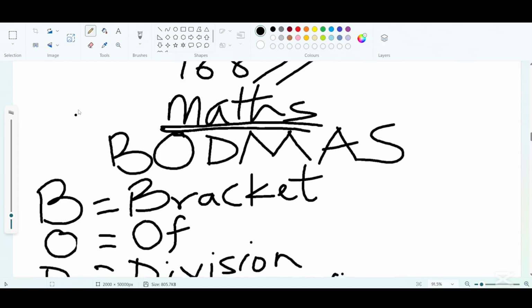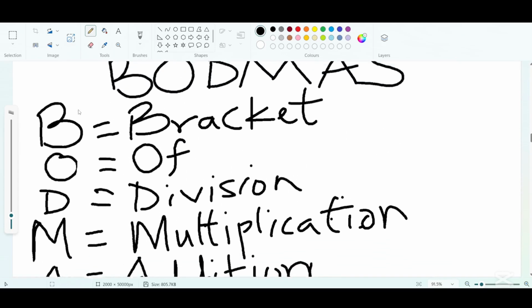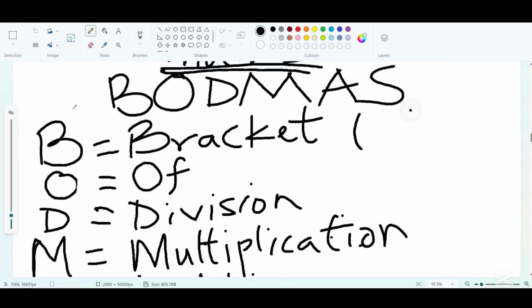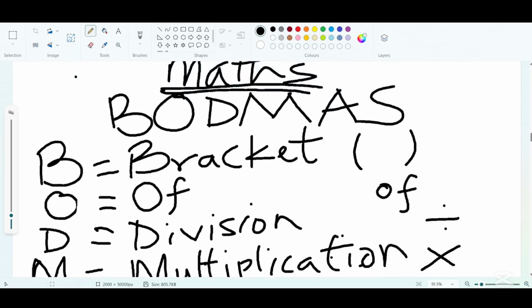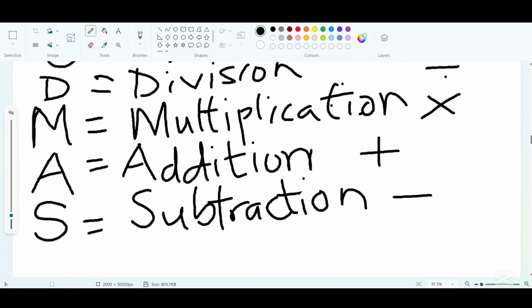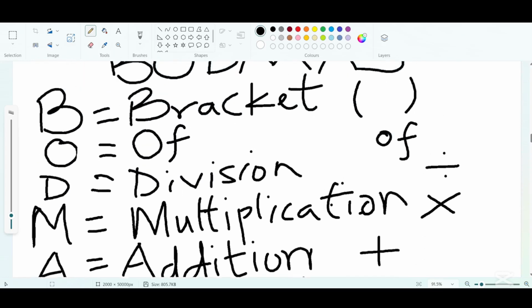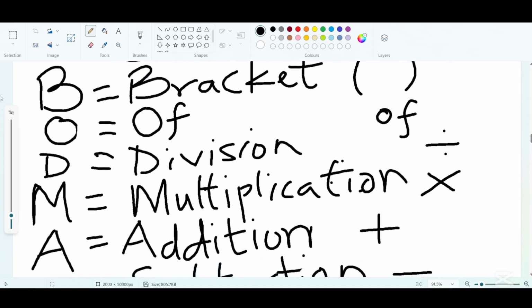So we have different signs in mathematics. We have the bracket, then we have of, then division, then multiplication, then addition, subtraction. Whenever we find these in an expression, we need to resolve the bracket first.